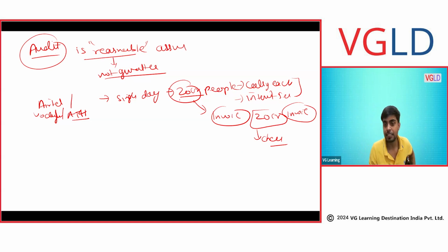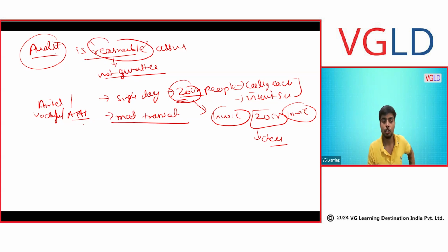Instead of checking the entire 20 crore, you would check all the material transactions. This would give you a reasonable assurance. So instead of checking the entire population of 20 crore, the auditor would only check a sample.